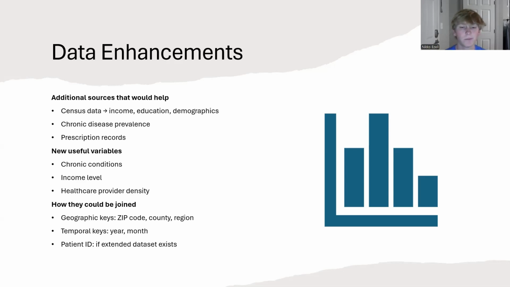These all could help determine the price of insurance and the patient factors. And then how they could be joined: geographic keys such as zip code, county, or the region that they're in, temporal keys, such as what year and month, and then the patient ID if extended data sets do exist.